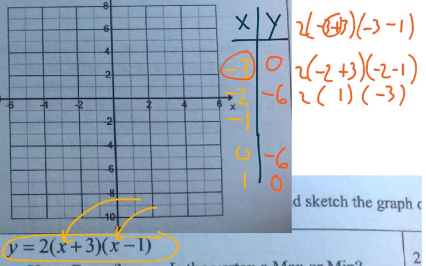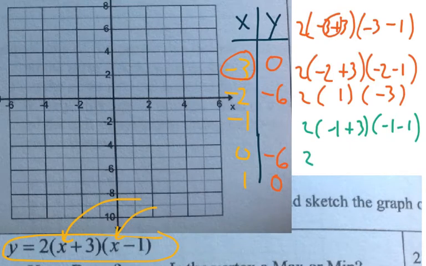Plugging in -1, I'll change the green here. This is what I'm going to get. See how I plugged in -1 for x? So I'm going to simply get a 2 times 2 times -2. That's a -8. And I have a complete table.